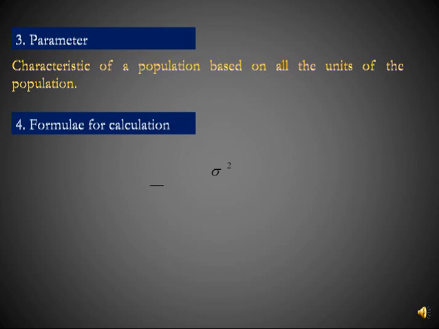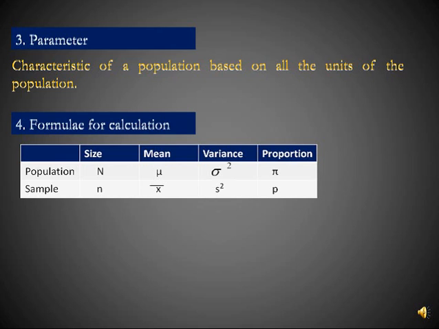Now we'll learn some formulae for calculation. The size of a population is denoted by capital N and the size of a sample is denoted by small n. The mean of a population is denoted by mu and the mean of a sample is denoted by x bar. The variance of a population is denoted by sigma square and the variance of a sample is denoted by s square.